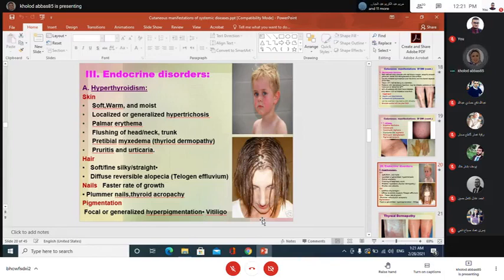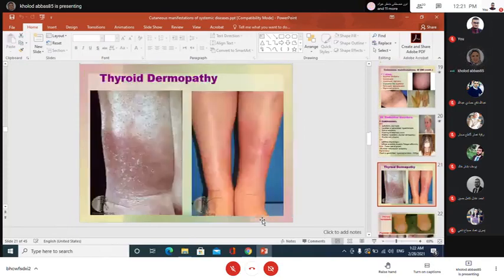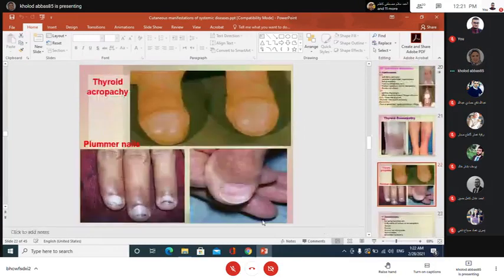We have generalized or localized hyperpigmentation. Association also varies with vitiligo as an autoimmune disorder. This is thyroid dermopathy, thyroid acropathy, plummer nails, you see the nail changes.